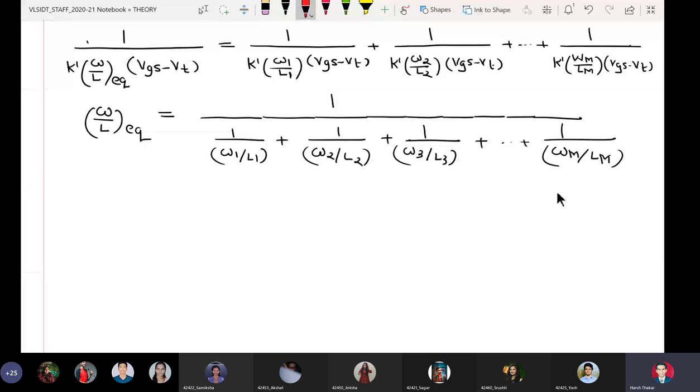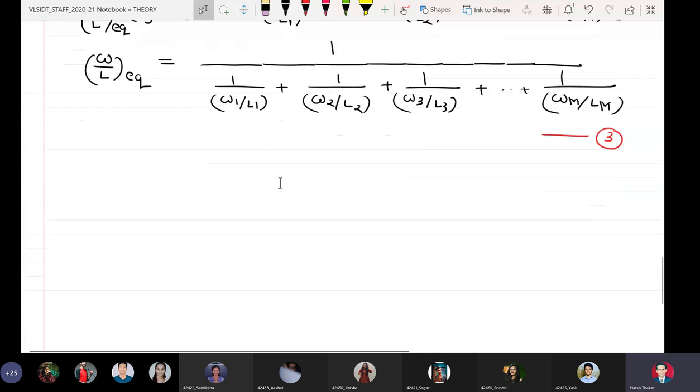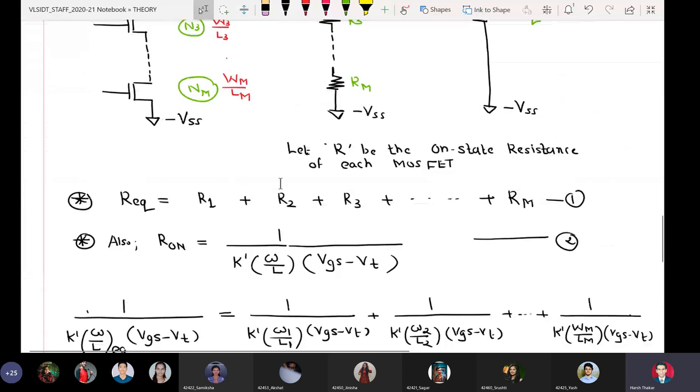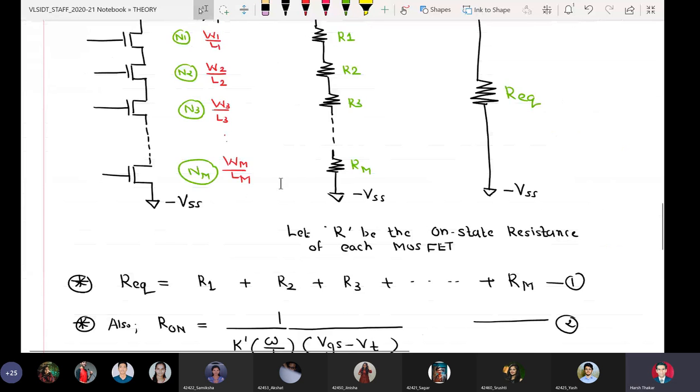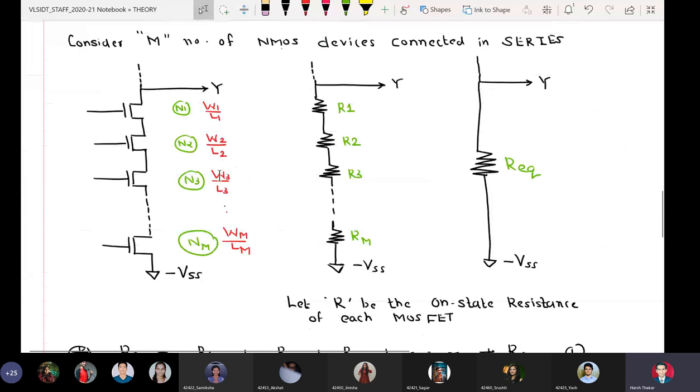So this is equation number 3, which tells us that the equivalent W by L ratio of a series connection of M number of NMOS devices is equal to the reciprocal of the summation of the individual reciprocals of W by L ratios. And the most important thing is this: we have considered a series connection between NMOS devices. That means this forms the pull-down network.